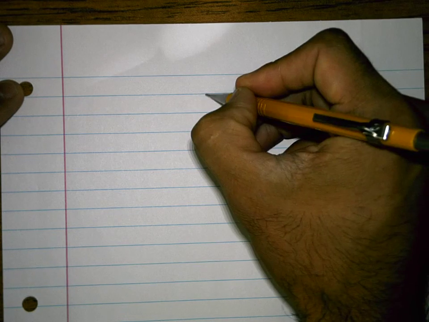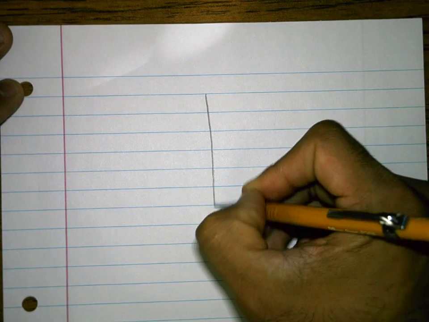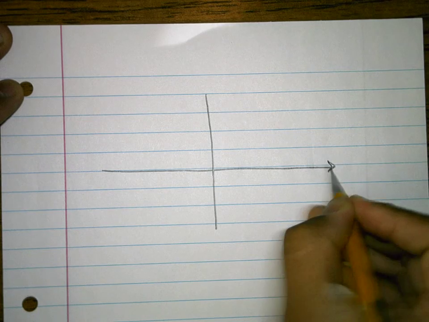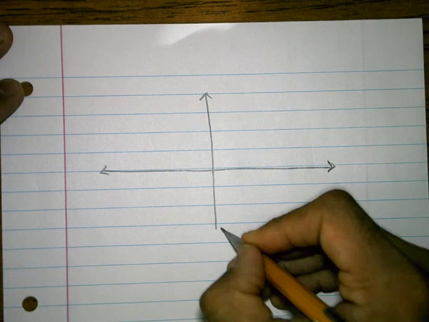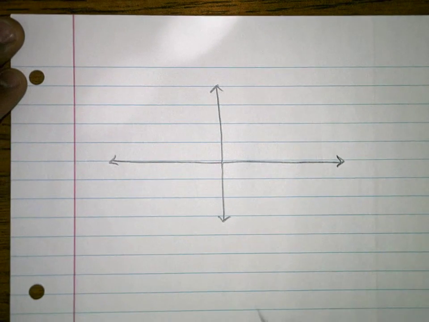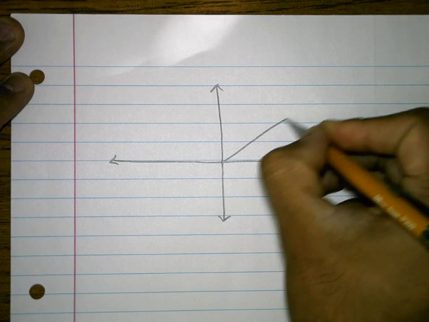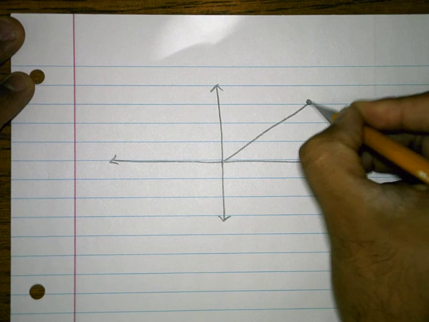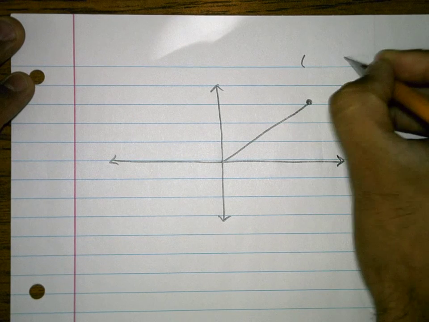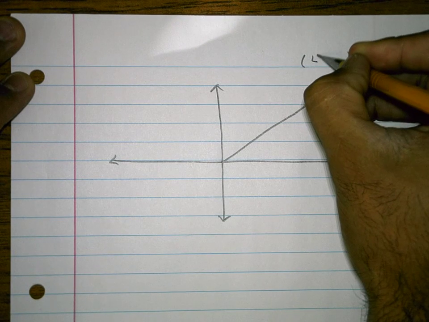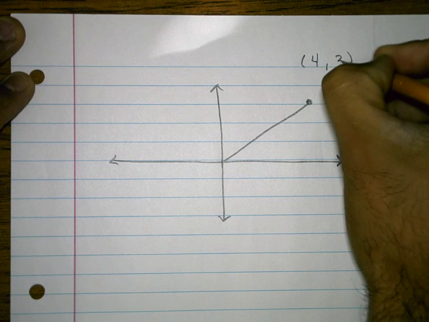So for example, if I had a particular radius, okay, and I told you the end of that radius was the coordinate point 4, 3.